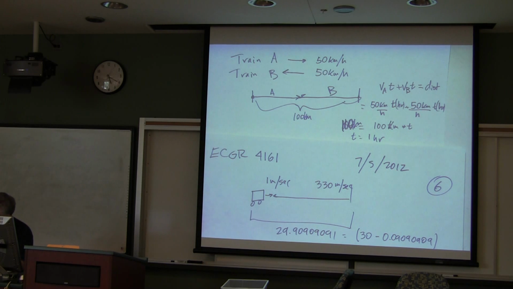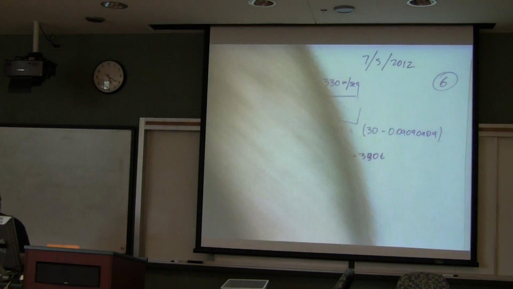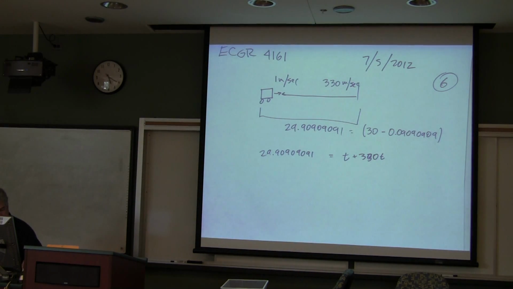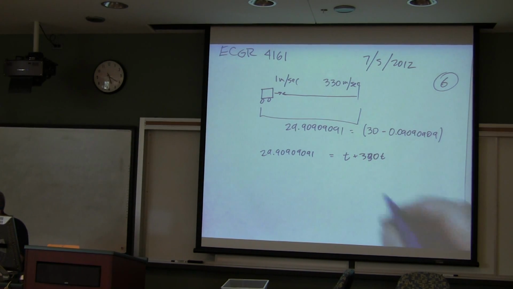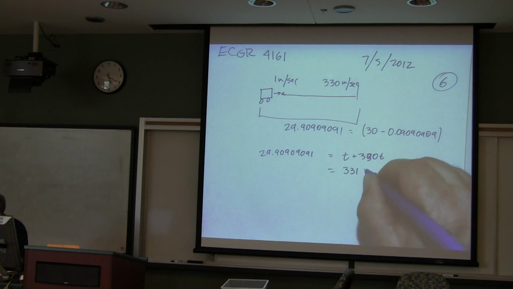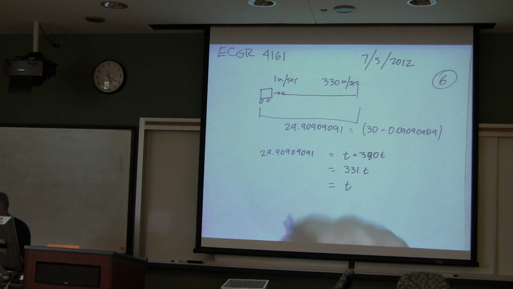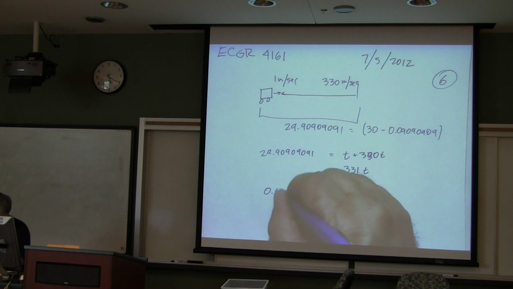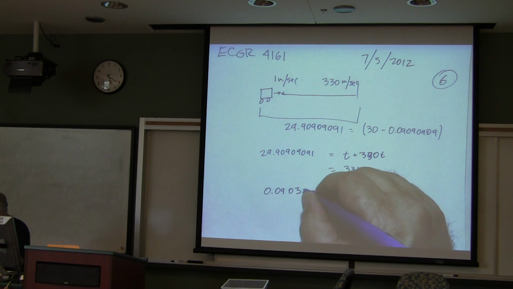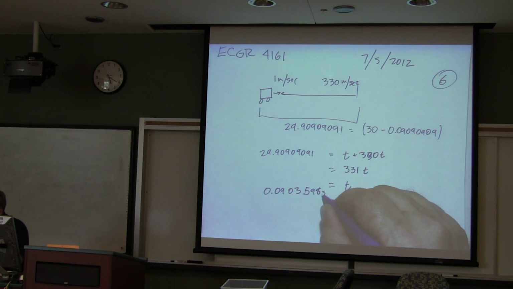So our problem turns out to be 29.90909091 is equal to t plus 330 t, which is equal to 331 t, so t is equal to 0.0903598 seconds.